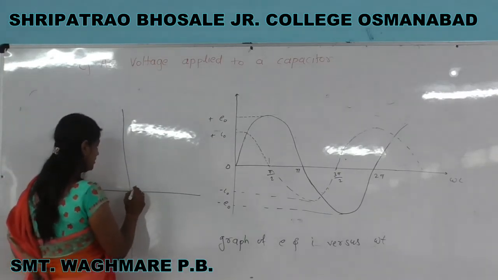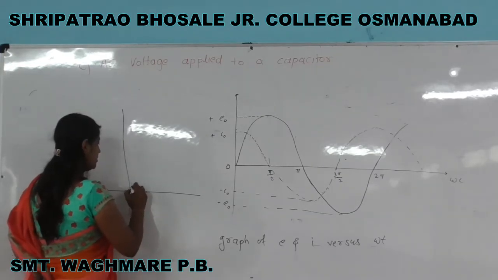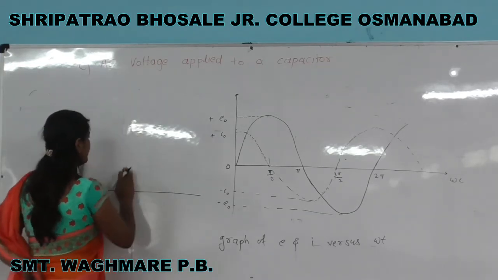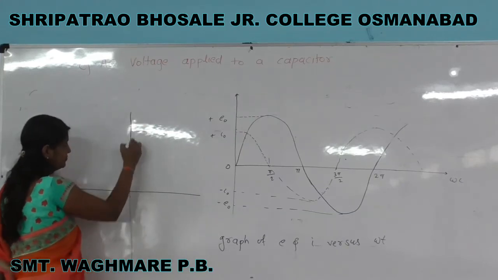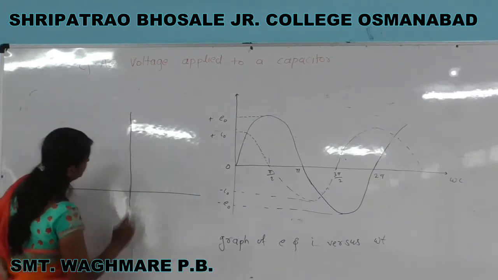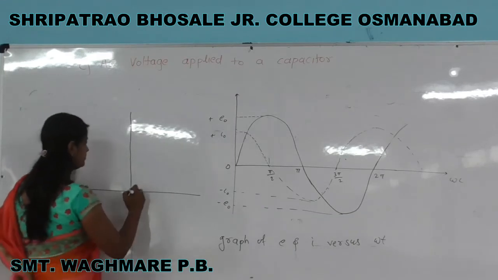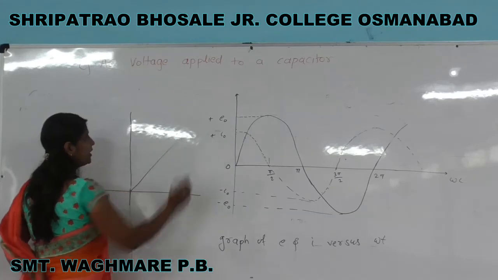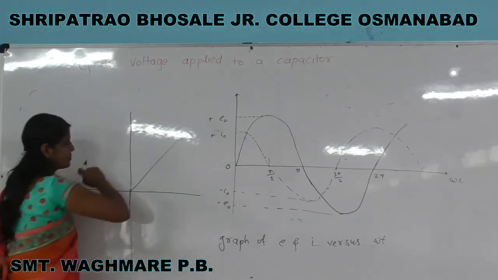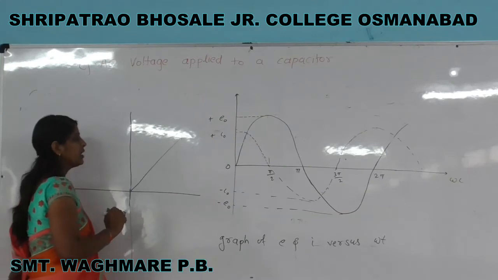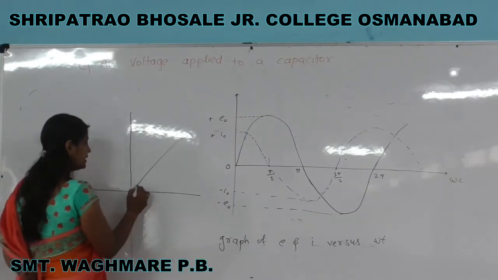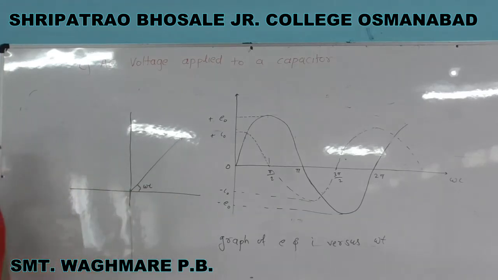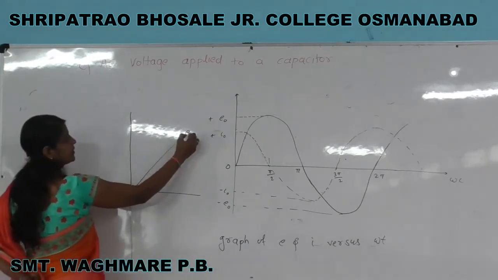If we draw the angle for E, suppose this is the maximum EMF or vector E naught, and this angle is the omega t. This is the omega t. This is E naught.